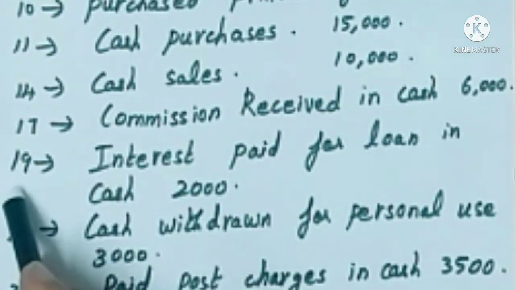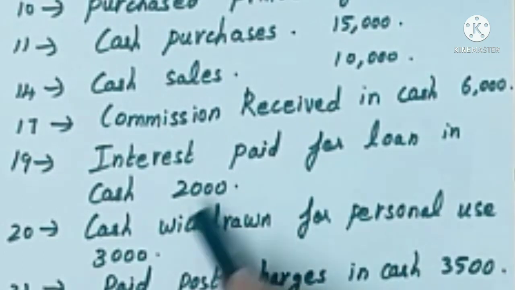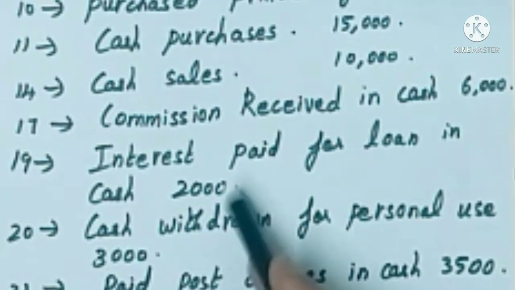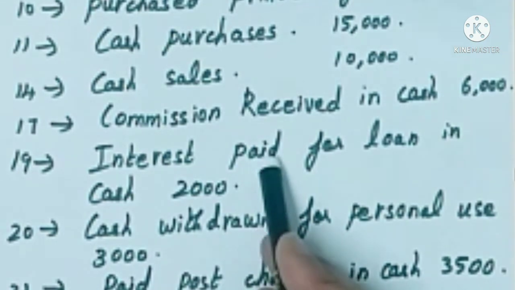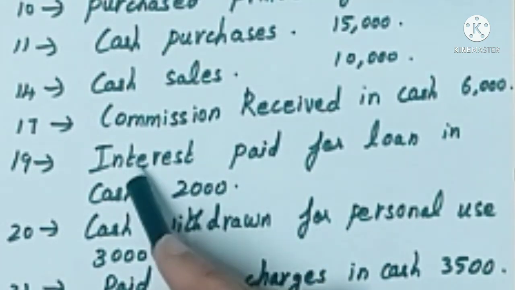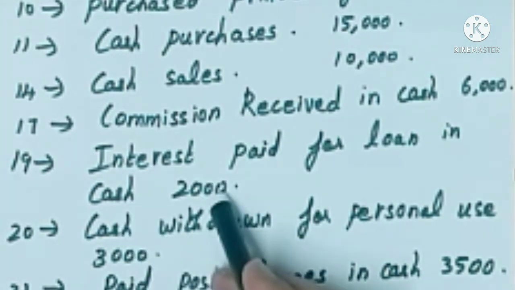The next transaction is on 19th June. Interest paid for loan in cash, rupees 2,000. We know that interest paid is an expense, isn't it? So we have to debit interest paid account and credit cash account, because when we pay interest, cash is going out.